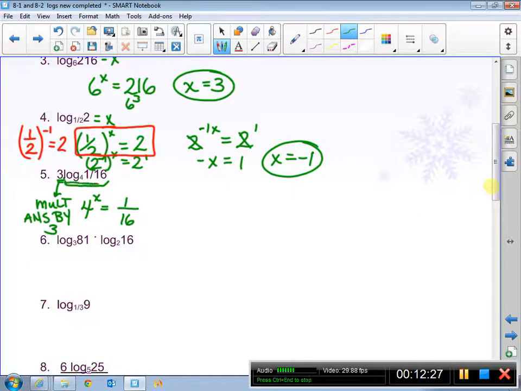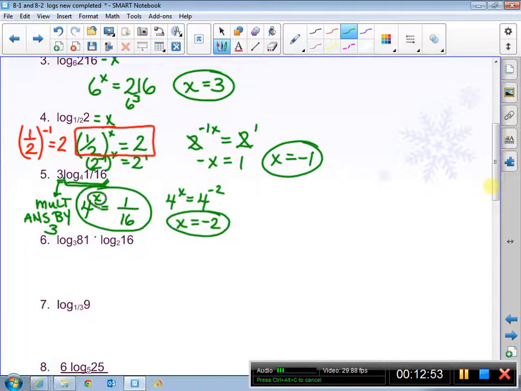So first, just the logarithm. Logs are exponents, so I rewrote it as an exponent. 4 to the x equals 1/16. Do you know the answer to this? Well, 4 to the x equals 1/16 is the same as 4 to the -2. So that would mean that that logarithm, x is -2. So this logarithm is -2. Now don't forget, we're going to multiply our answer by 3.